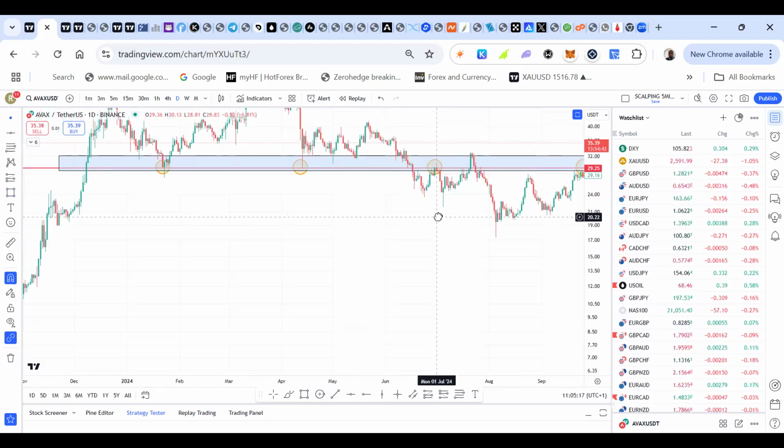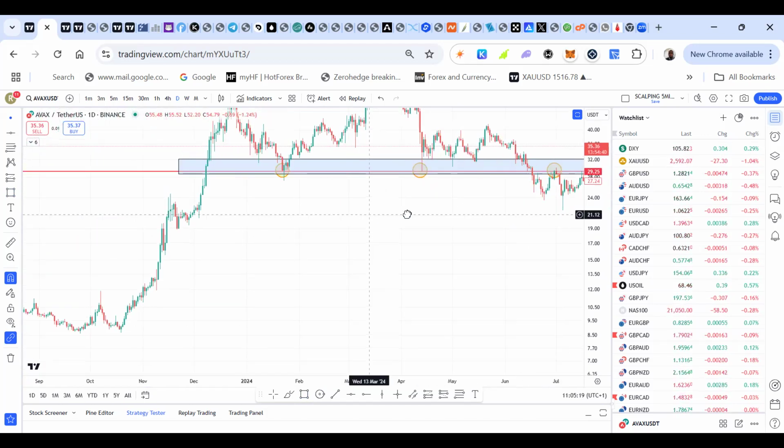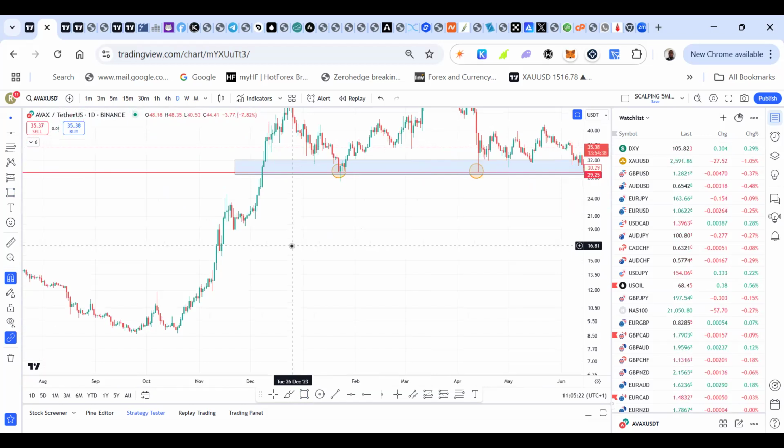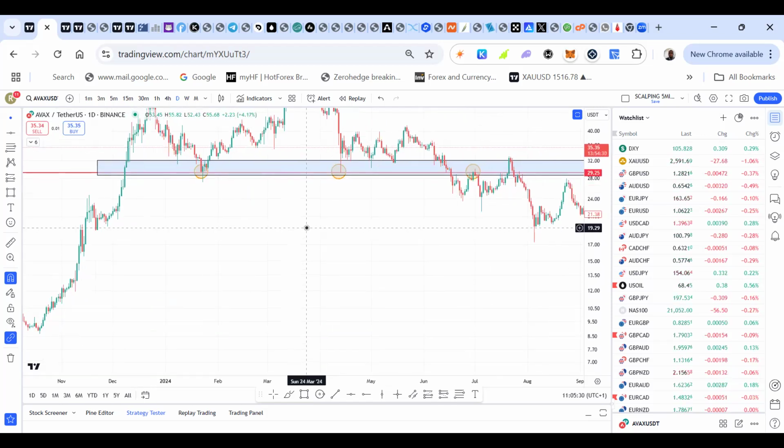Now this is a zone. Why do we call it a zone? Because as a trader, you don't just look at a line. When you look at just the line, you will be deceived sometimes, most times, because it's a zone.